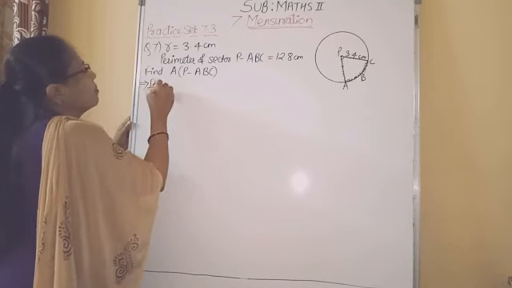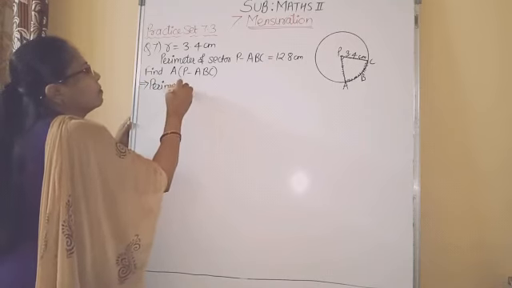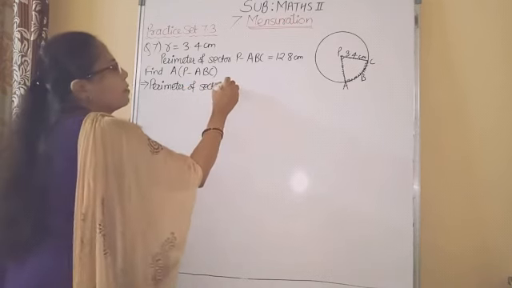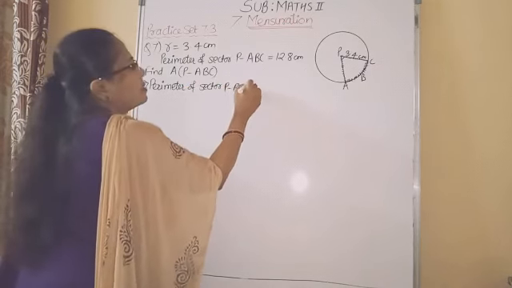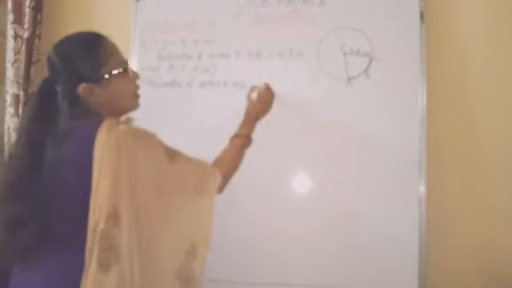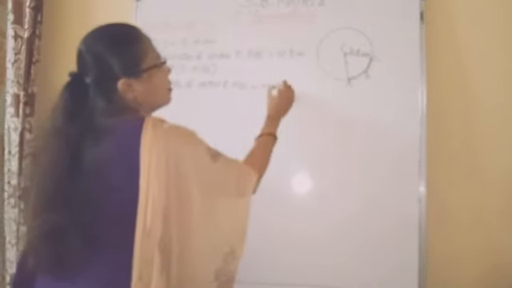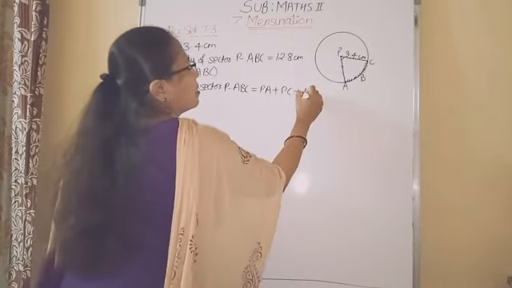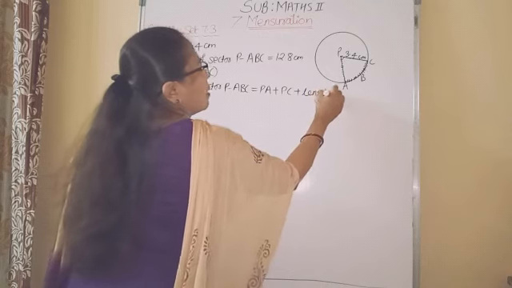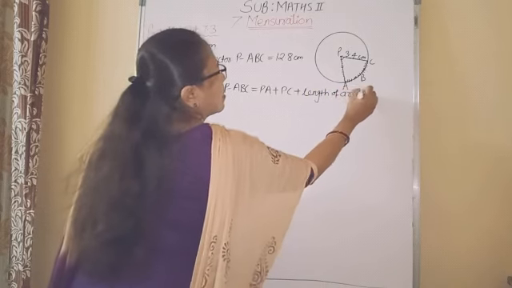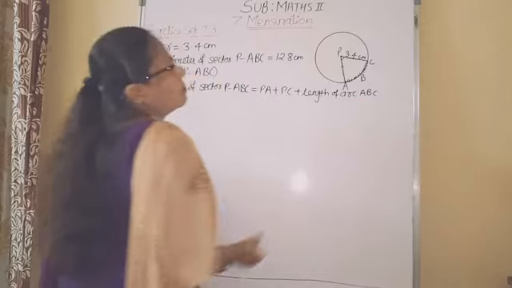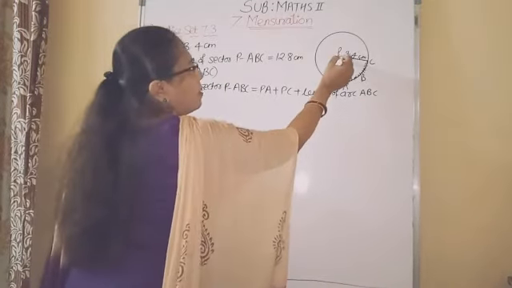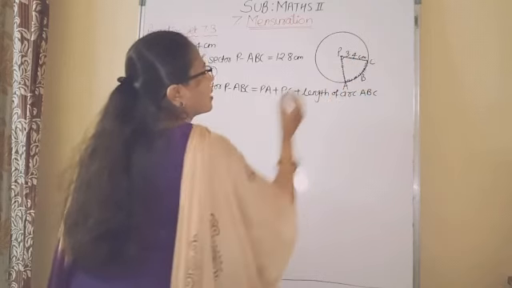Perimeter of sector P-ABC is equal to PA plus PC plus length of arc ABC.